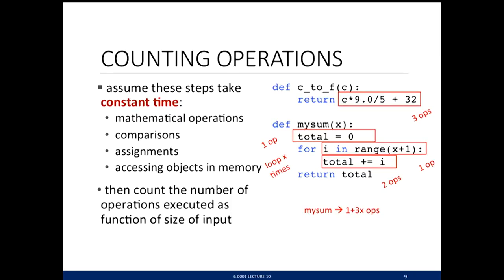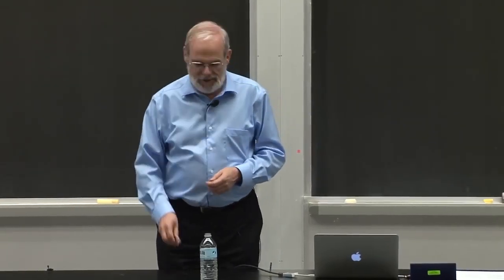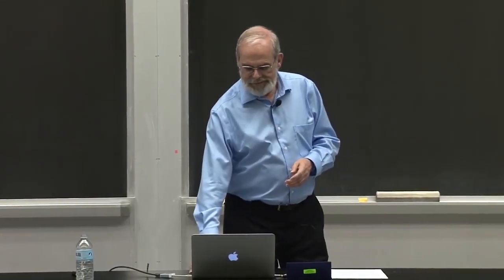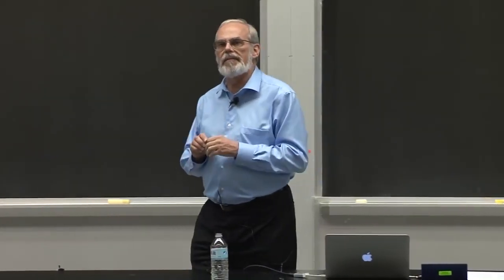And so rather than getting 3x plus 1, I would get 4x plus 1. As the government says, what's the difference between 3 and 4, when you're talking about really big numbers? Problem is, in terms of counting, it does depend. And I want to get rid of that in a second. So it still depends a little bit on the implementation.